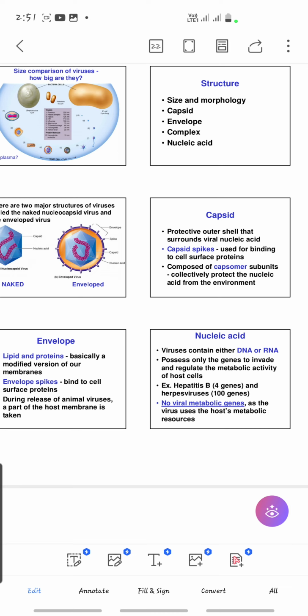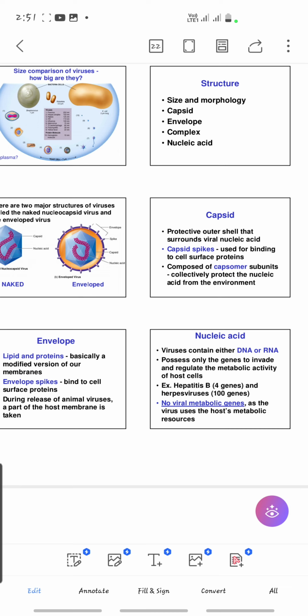One good example of it is hepatitis B and herpes viruses. There are no viral metabolic genes, so the viruses use the host's metabolic resources. So nucleic acid basically occurs in viruses because viruses contain either DNA or RNA.